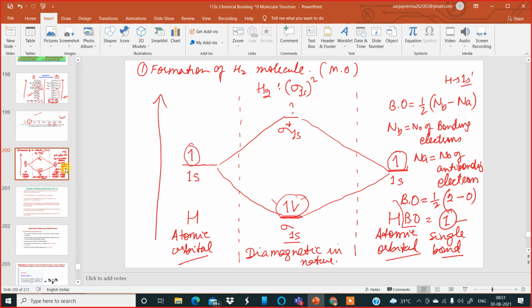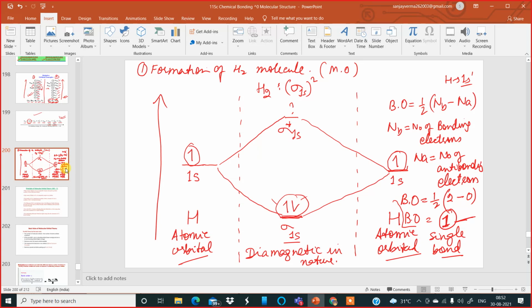So these three things we have to work out and write down after the diagram. First, calculate bond order. If the bond order is 1, it is a single bond. If the bond order is 2, it is a double bond. If the bond order is 3, it is a triple bond. And definitely the molecule will be stable. Higher the bond order, the stability will increase.